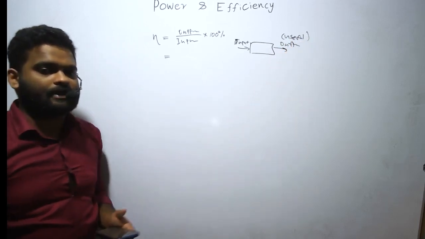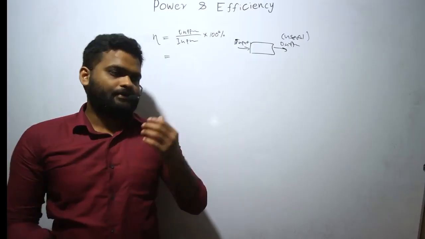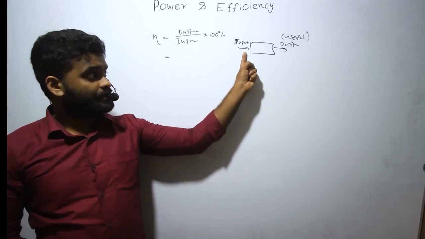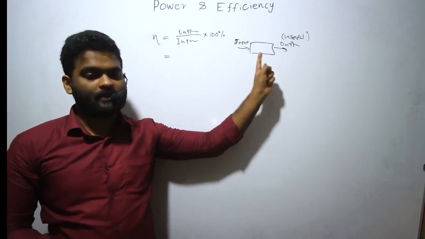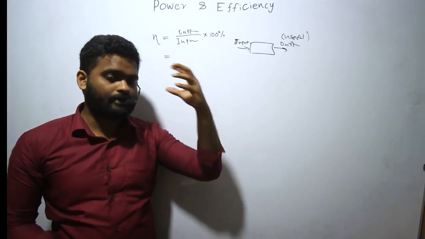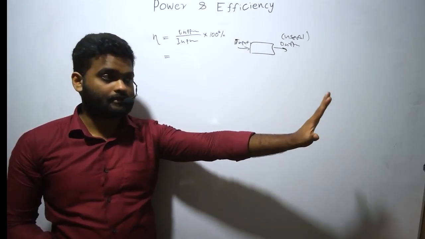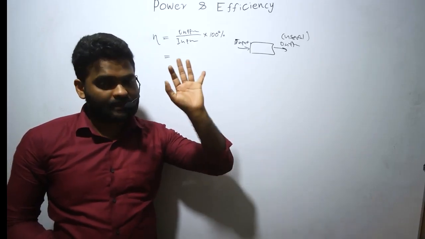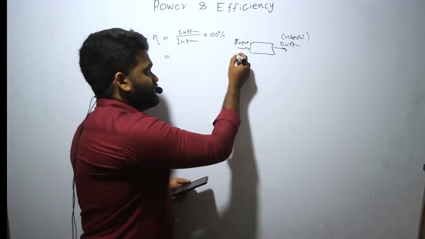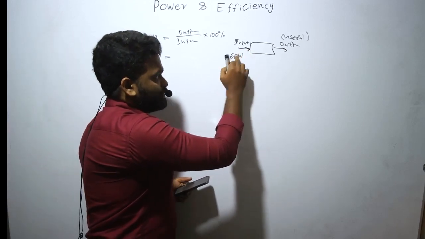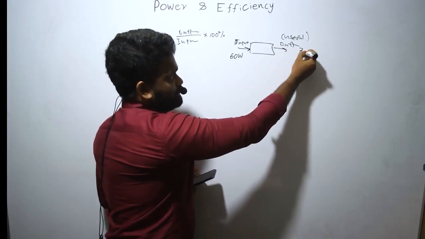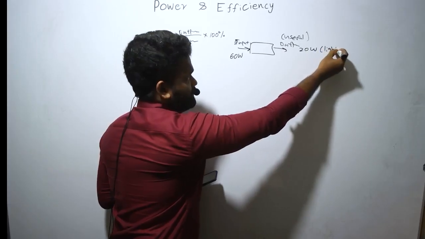For example, a bulb has 60 watts. The bulb requires 60 watts to operate, but it does not use all of it to generate light. It generates heat as well, which is the waste. So you provide 60 watts, printed on the bulb, as the input. Then let's say you get 20 watts as light.